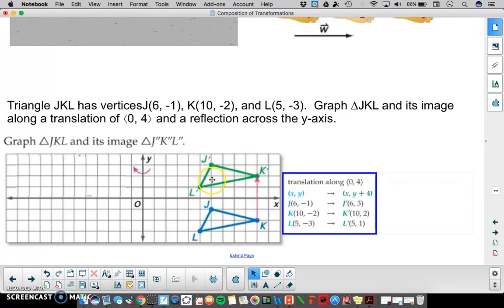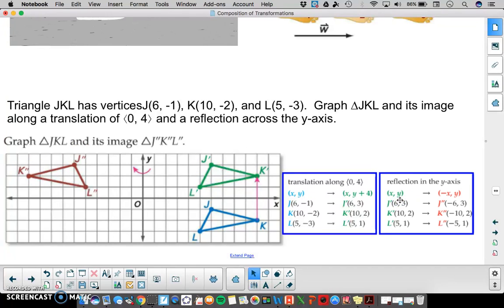So I'm using this green triangle now as my pre-image to perform the y-axis reflection. So I'm going to reflect this green triangle across the y-axis to get J double prime, L double prime, K double prime. We know when we reflect across the y-axis that the x value changes signs, so we can see what happens to the points under that glide reflection where we've translated first and then reflected.